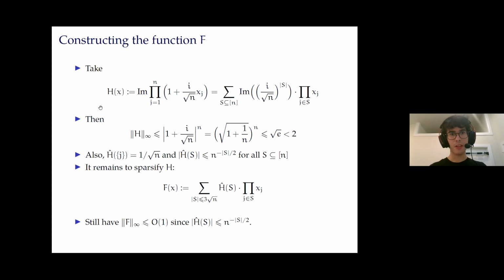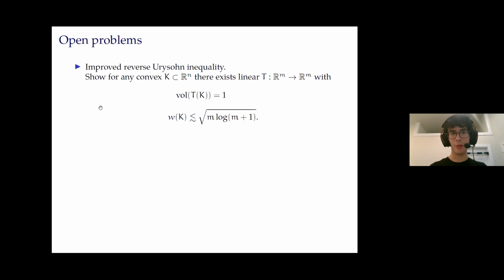Okay, so I guess that's mostly what I had. And here are some open problems. As I mentioned before, we still don't know if this reverse Urysohn inequality holds. So that's a very interesting problem that I don't have any ideas for, but I think it's fascinating.